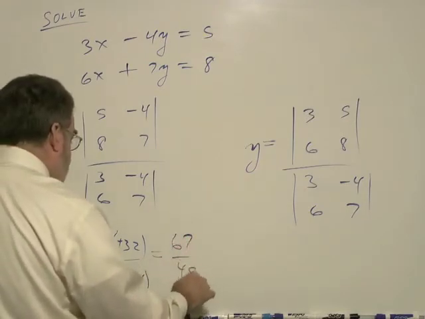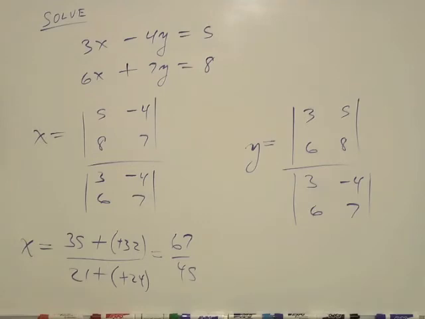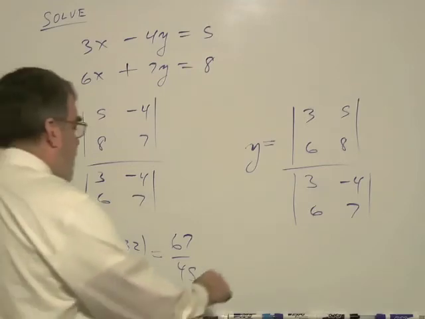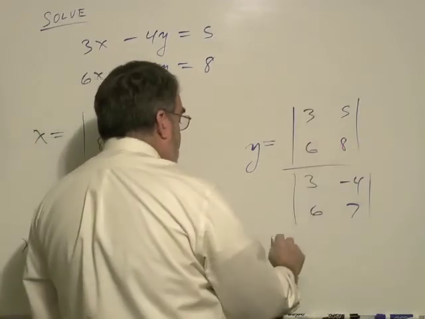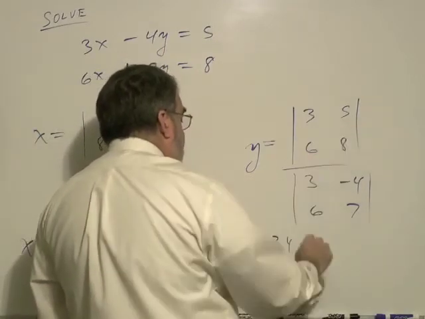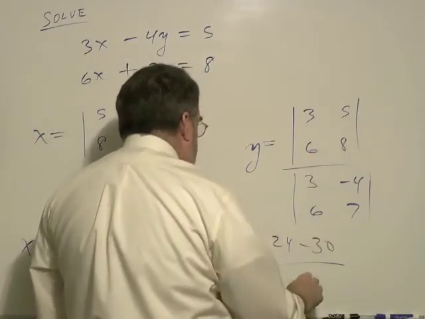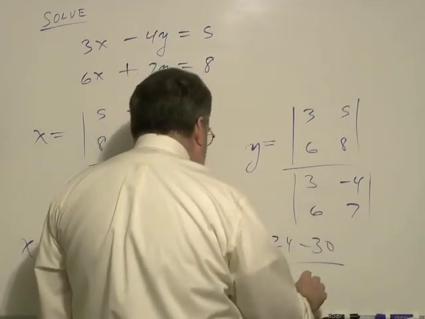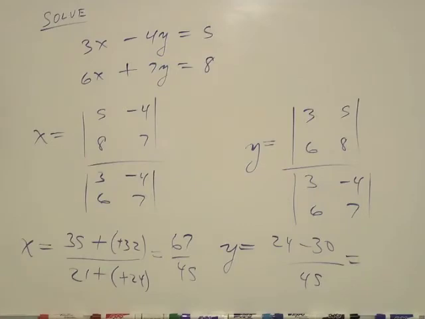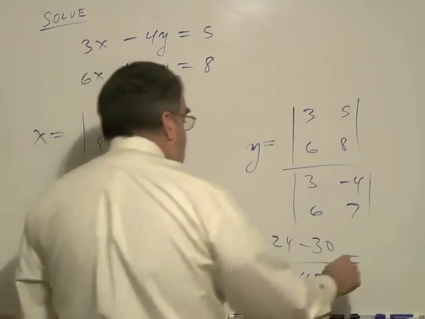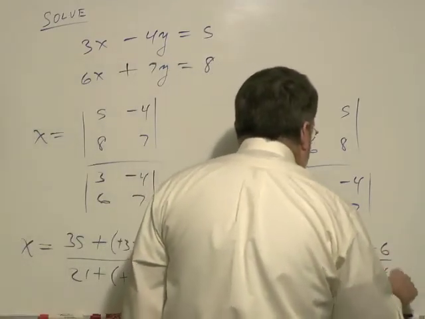Ooh, that's pretty ugly, isn't it? 67 45ths. Okay. And y would equal 24 minus 30 divided by, and this is the same one, 45, as we've seen. So 24 minus 30 is negative 6 45ths.